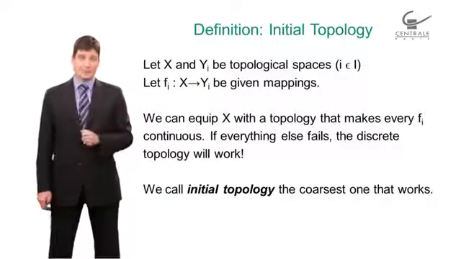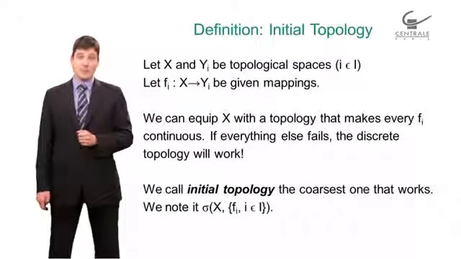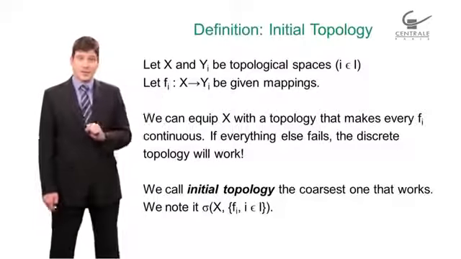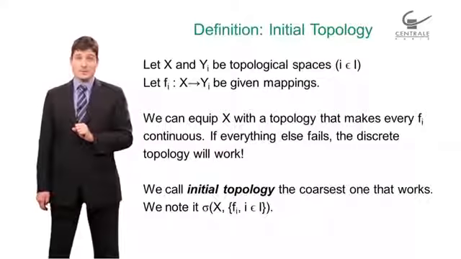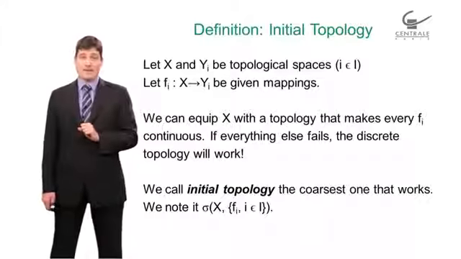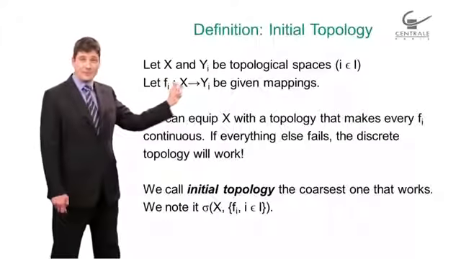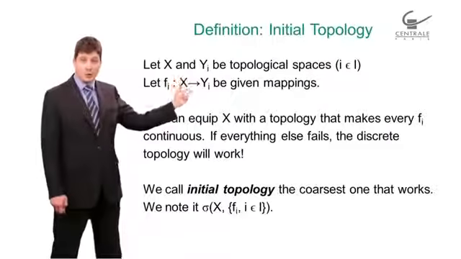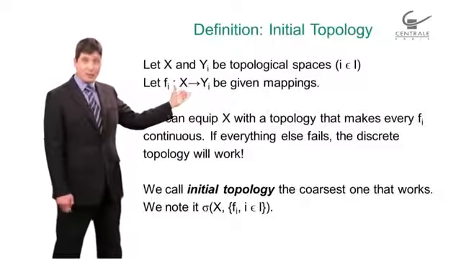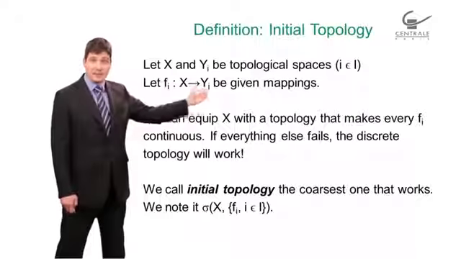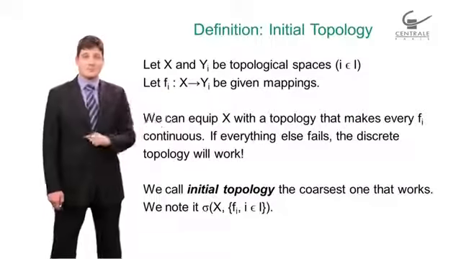I am going to give you an example. And before I do this, let me just give you a notation. The notation is sigma(X, Fi, i in I). That is the notation for the initial topology on the set X that will make all of these Fi for i in I continuous.